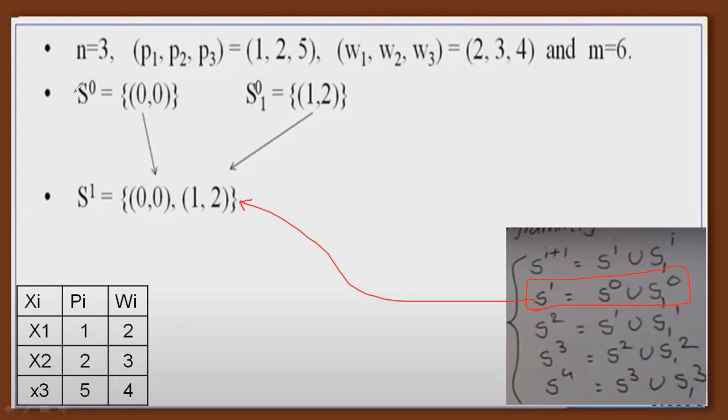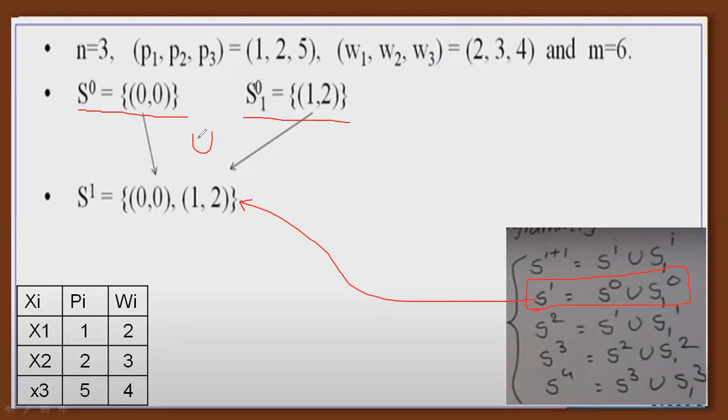That means that you can union these two values: the union of S power 0 value and S power 0 base 1 value. That means simply combine the pairs. So the pair of S power 0 is 0 comma 0 and the pair of S power 0 base 1 is 1 comma 2.